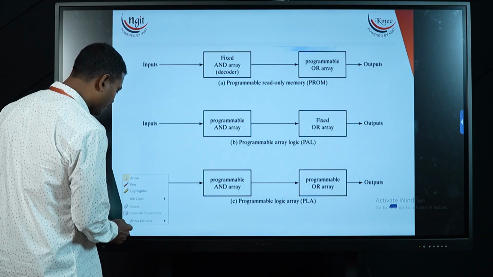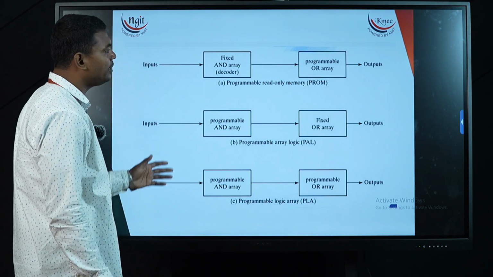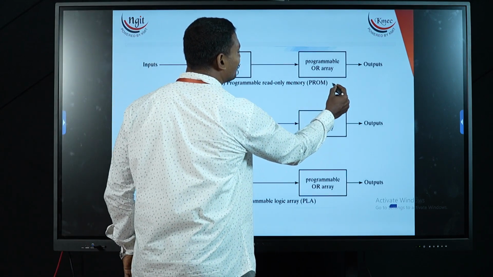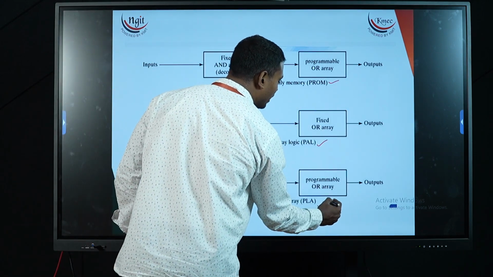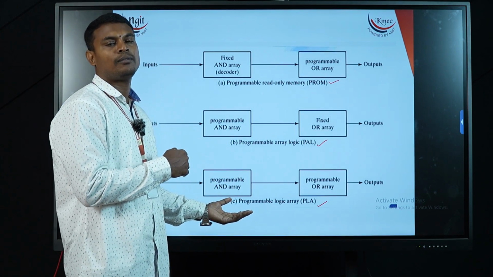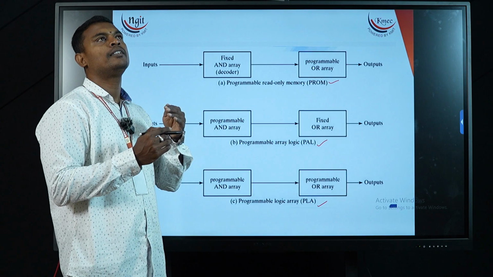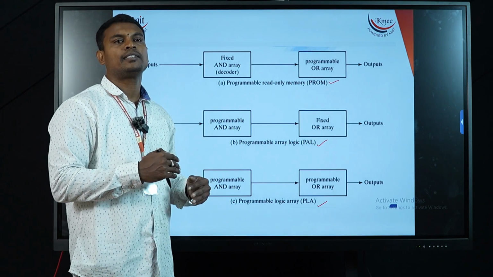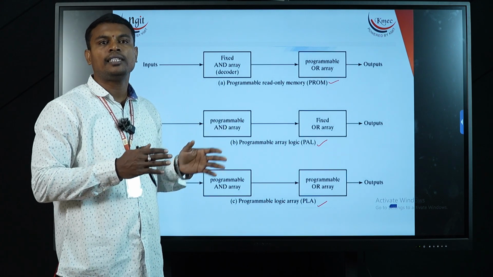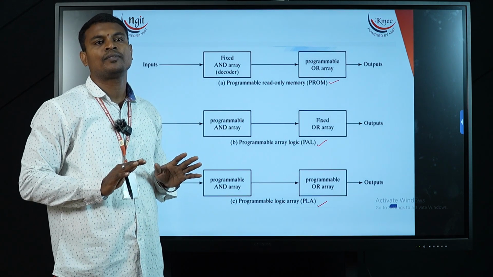First we'll see the basic difference between PROM, PAL and PLA. Before getting directly into the block diagrams, I wanted to tell you that these 3 devices, whether PROM or PLA or PAL, are all programmable devices.